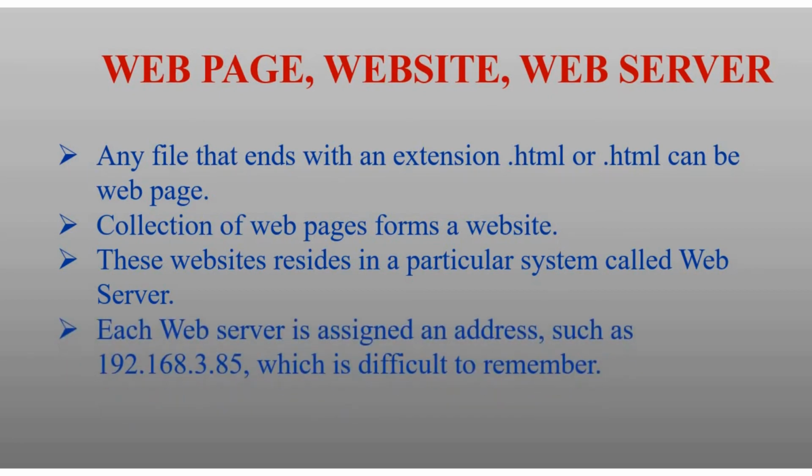To identify each web server, it is assigned a unique number which we call an IP address, that is, internet protocol. It is difficult to remember as it contains many digits, right?